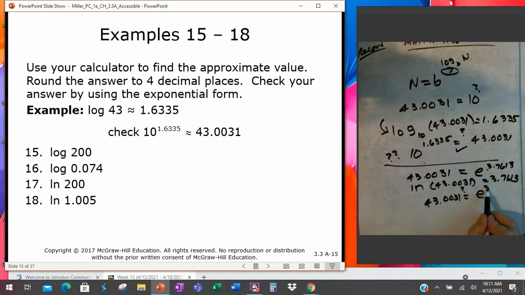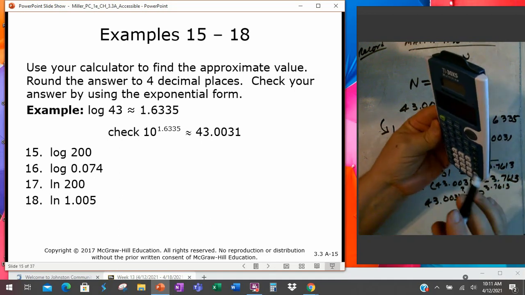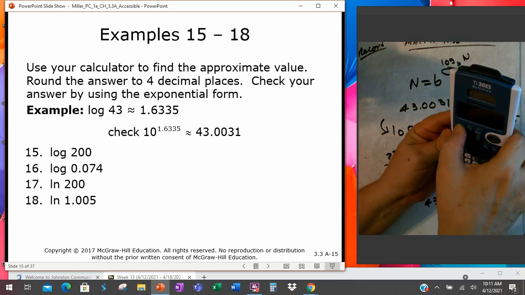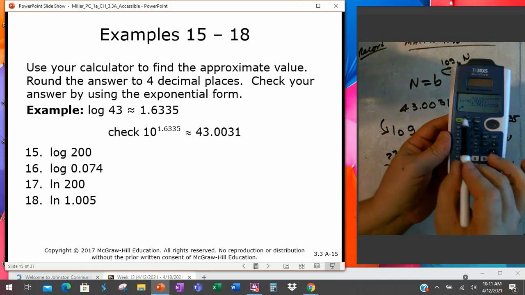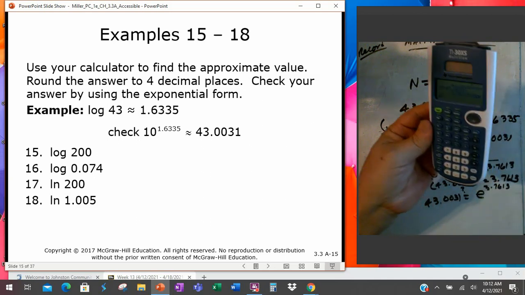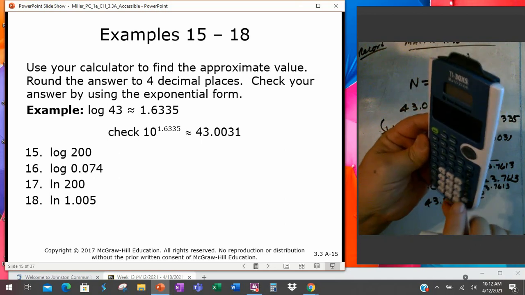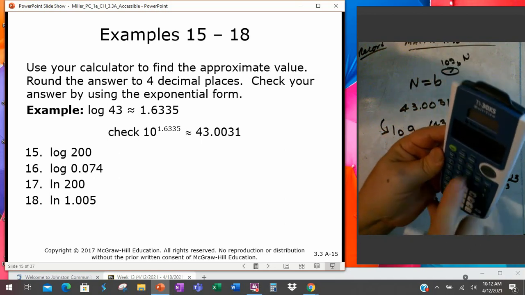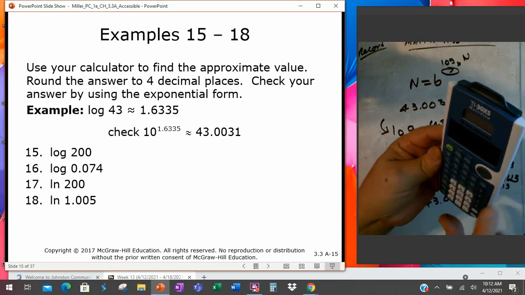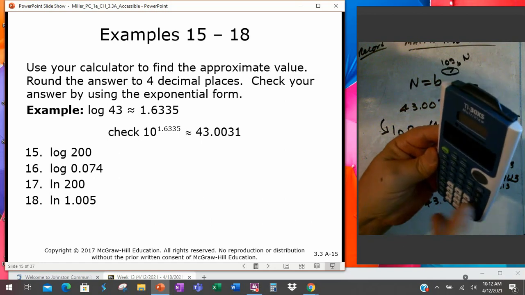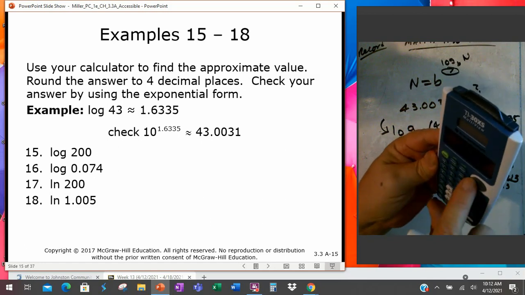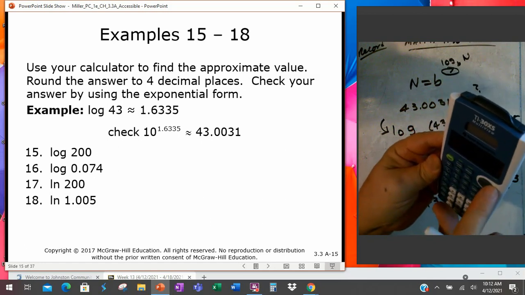e to the 3.7613. Now if I find my second e to the x, and copy that number... let me see if I can get it here.